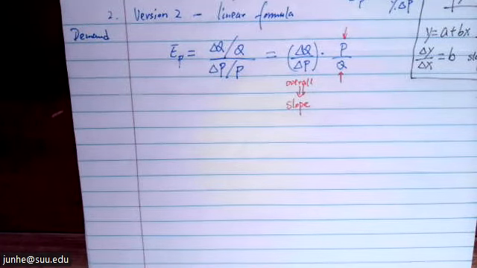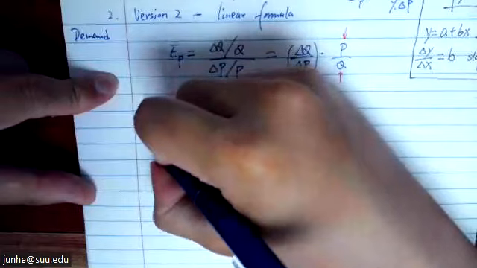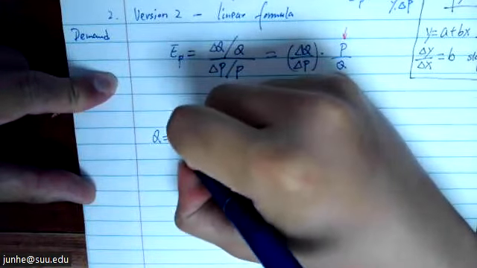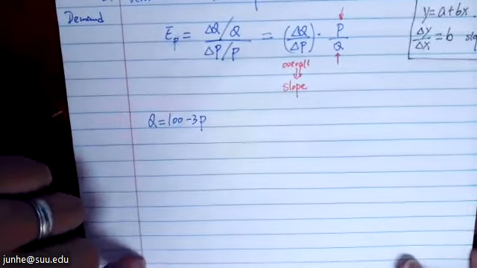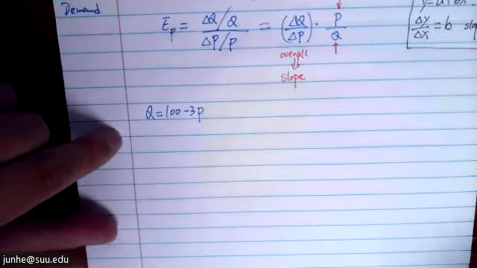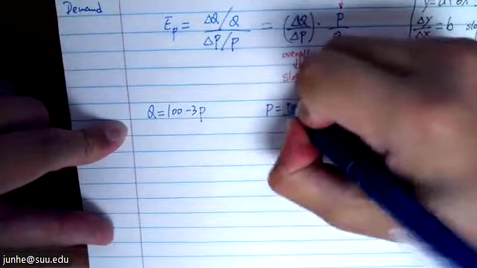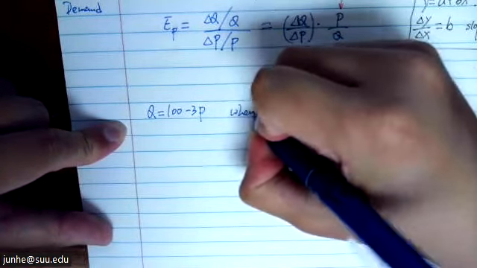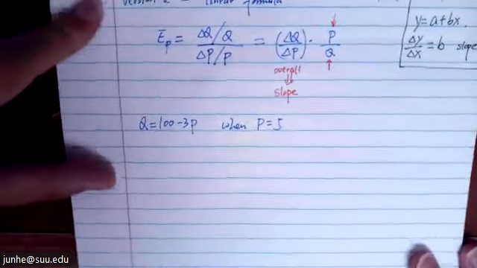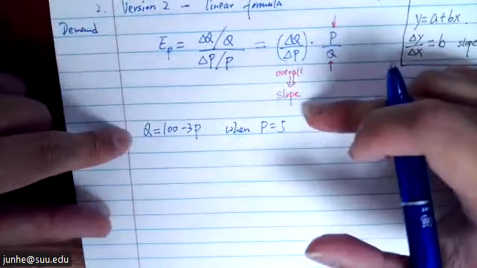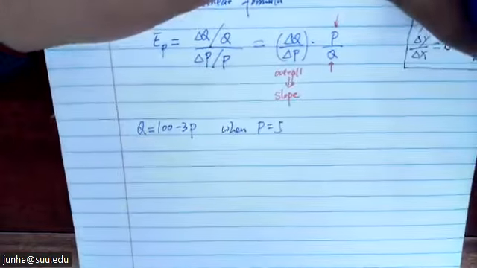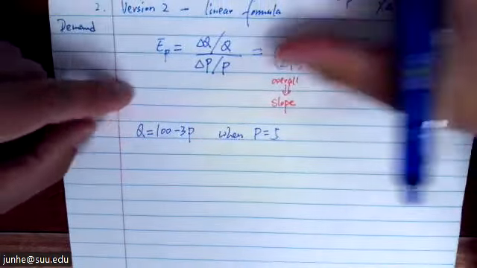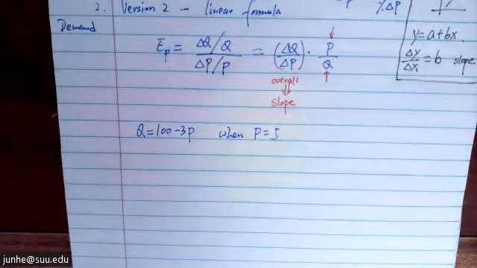For a demand function, Q equals 100 minus 3P, okay? Calculate its price elasticity of demand when P equals 5. So, an analogy that I make about solving this problem is that it's as if it's a jigsaw game, right?